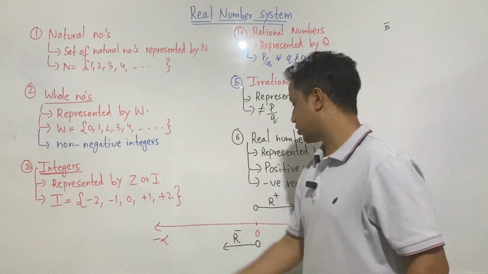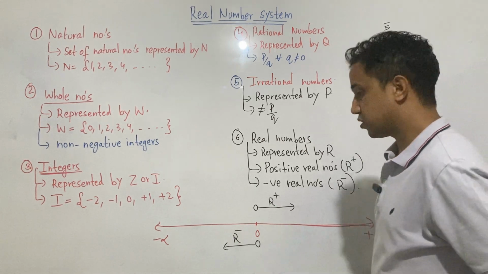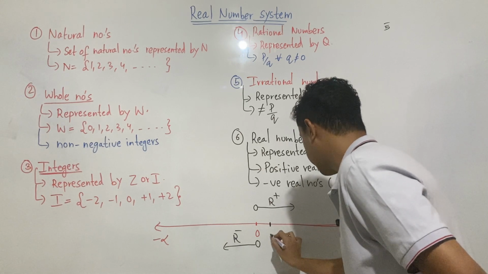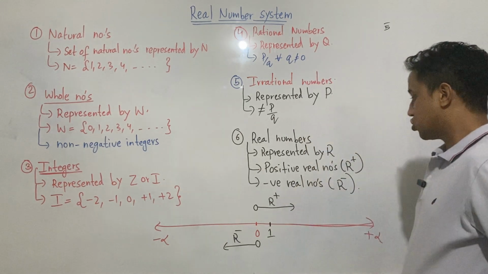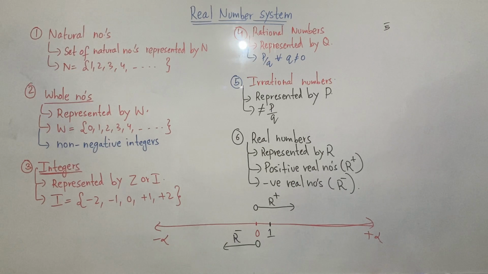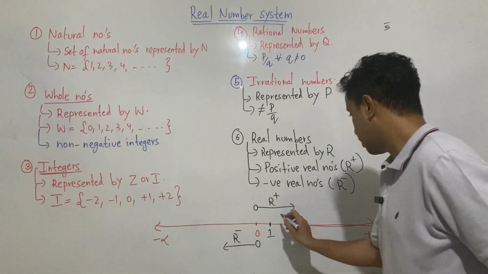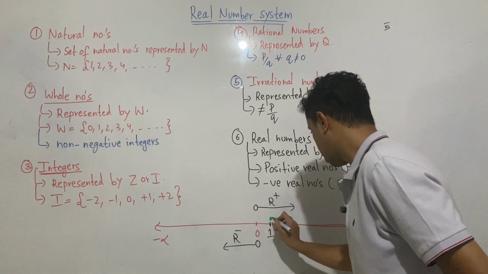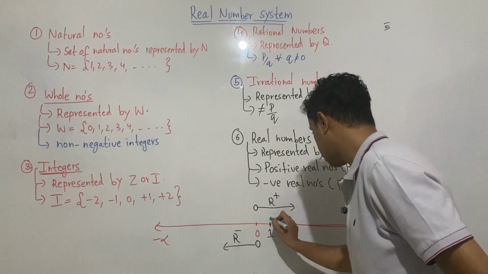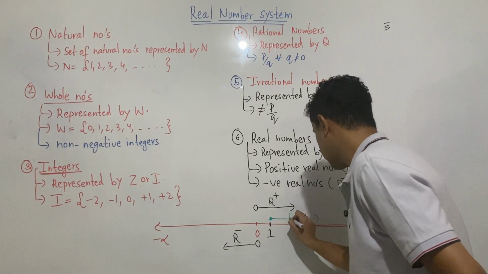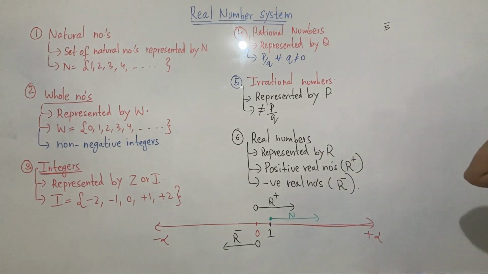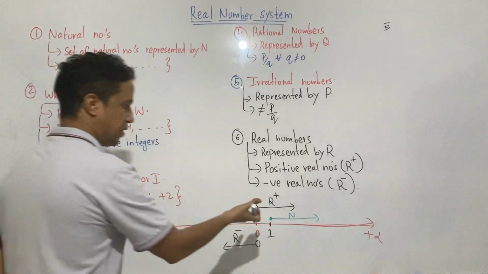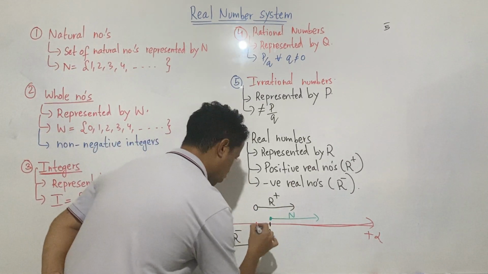What about the natural numbers? We know natural numbers are the set of counting numbers. So this is 1, and anything that includes 1 and after 1, here I will put solid, meaning it includes 1. So this is your natural numbers. Then what about whole numbers? Whole numbers are the same natural numbers, but here you have to include 0 too.